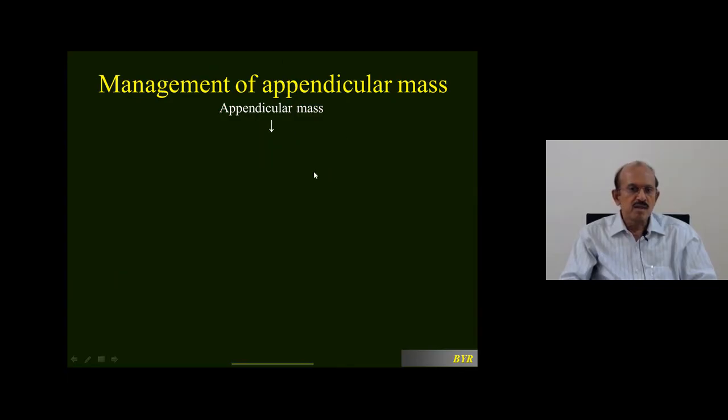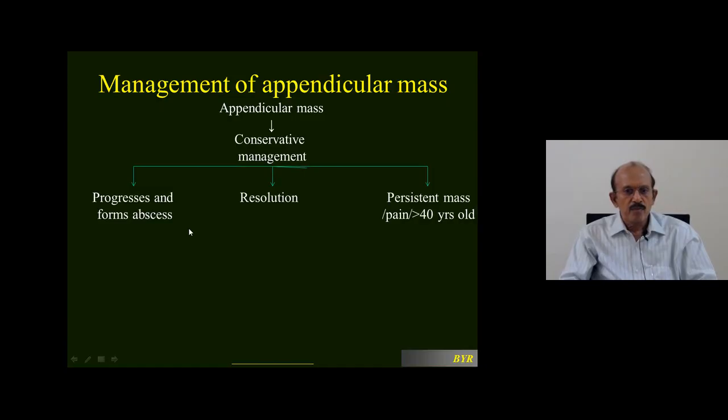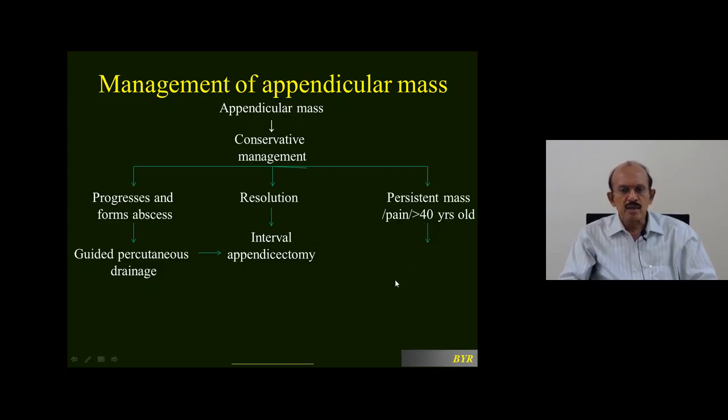Management of appendicular mass, considered management. If during considered management it progresses and forms an abscess, it may resolve after 3 weeks. Go for interval appendectomy. If it forms an abscess, you do image-guided percutaneous drainage, and later interval appendectomy. If there is a persistent mass or pain, or the patient is more than 40 years old, you must always suspect other lesions.